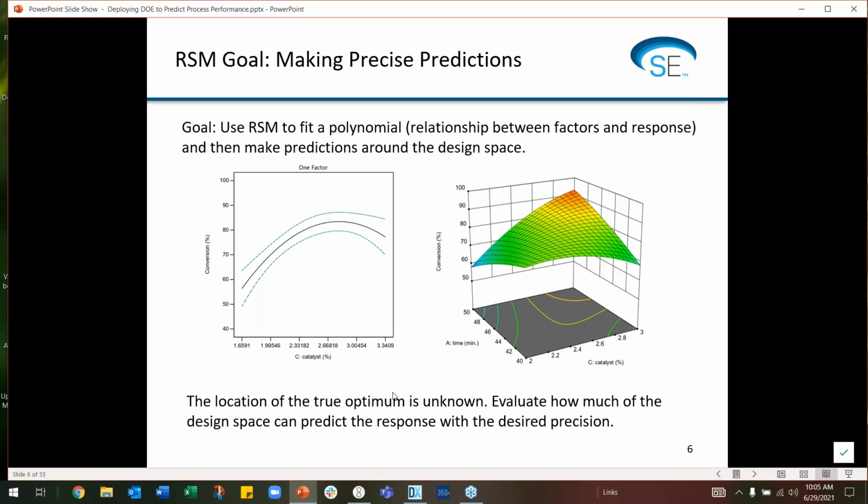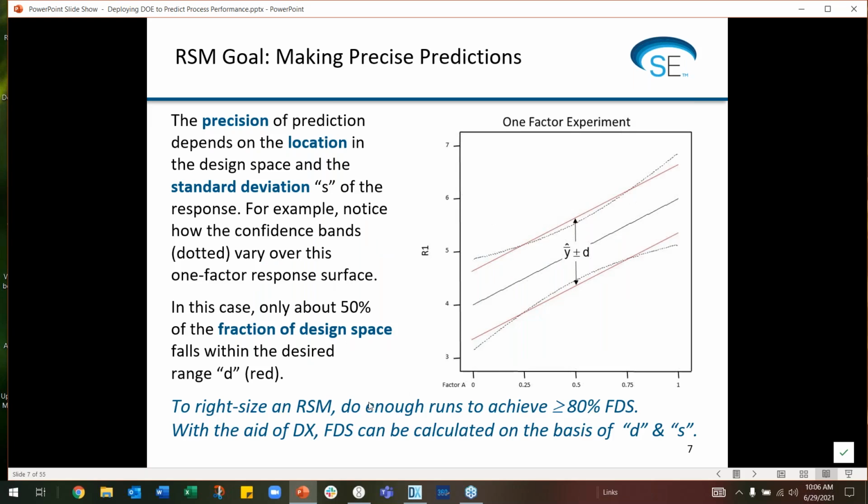Because the location is unknown, we want to evaluate how much of the design space can predict our response with some specified precision that we have to define. And the precision of our prediction depends on both the location in the design space of the optimum and the standard deviation of the response.